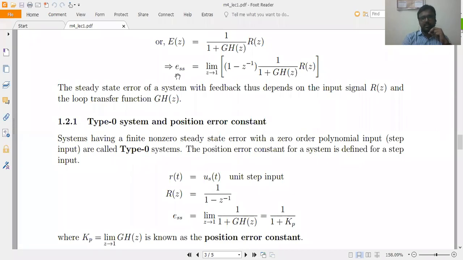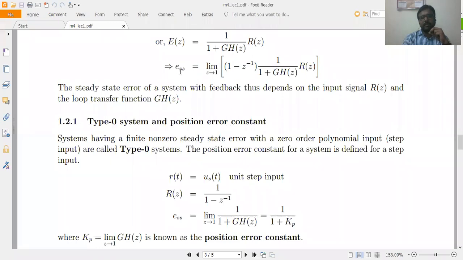With respect to the steady state error formula, R of Z is Z divided by Z minus 1, that is 1 divided by 1 minus Z inverse. Substitute this R of Z in the steady state error expression.